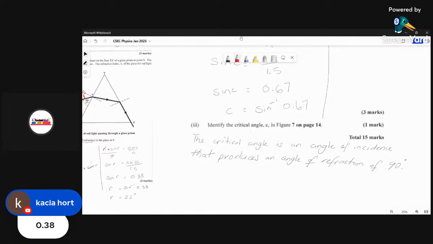So that's the definition. The critical angle is an angle of incidence. It is an angle of incidence.